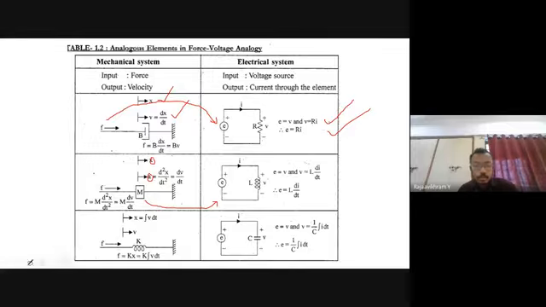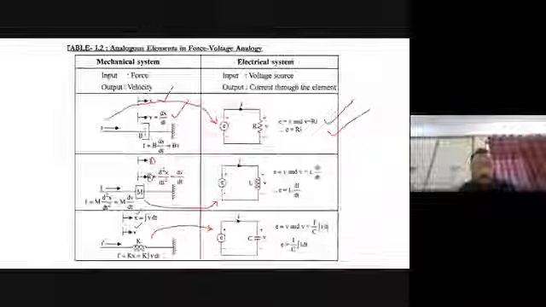And the last one is the spring. The spring is transformed into the capacitance. So in every mechanical system, you have to represent both the displacement as well as the velocity, or it may be a displacement or it may be an acceleration.